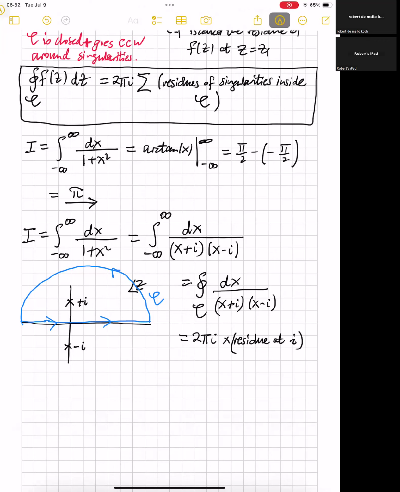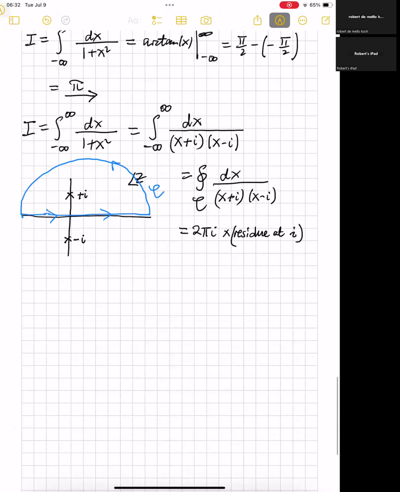So how do we do that? Well, we want to take our function, which is 1 over (x plus i)(x minus i), and we'd like a Laurent expansion.